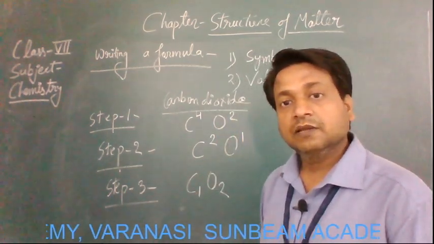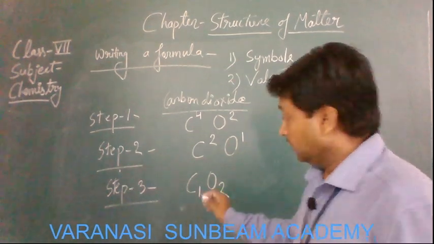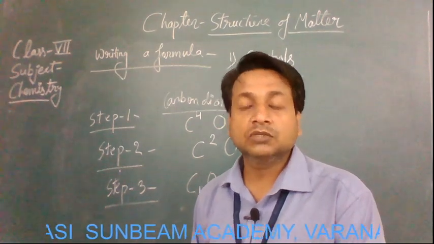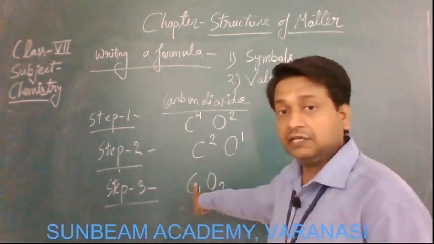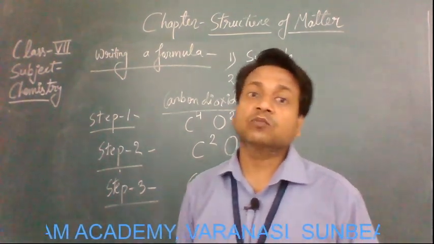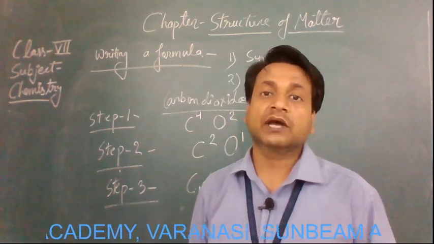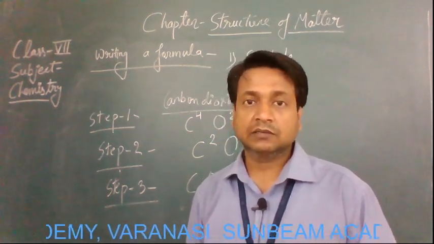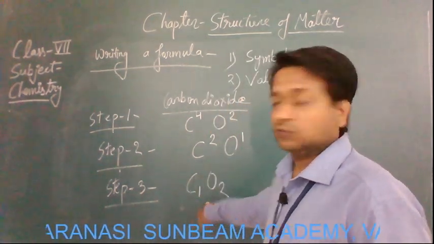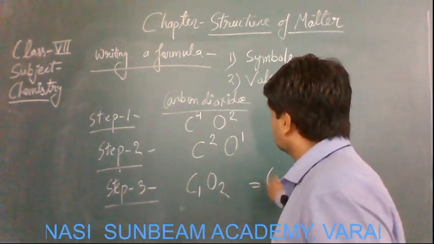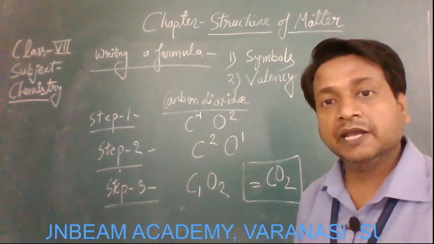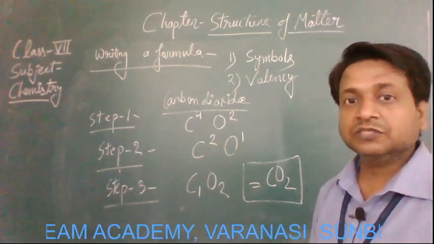One more thing: if the number of atoms of any element is 1, there is no need to write 1, because C alone indicates 1 atom. If the number of atoms or valency is more than 1, then it needs to be indicated. But a valency of 1 does not need to be written. So we write the formula CO2. This is our formula of carbon dioxide. Understood, children?